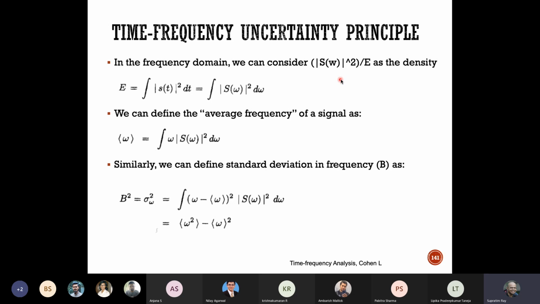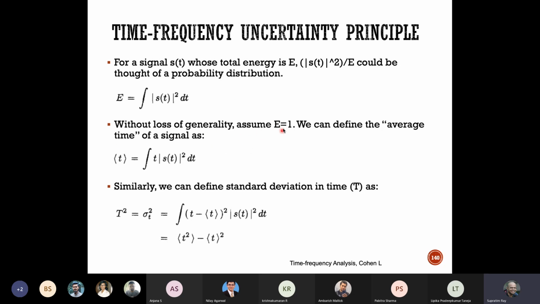So, this is like a density function. This is like a probability density function, which we had discussed way back in our first module. So this tells you where energy is concentrated in time. This tells you how the energy is concentrated in frequency. Okay.